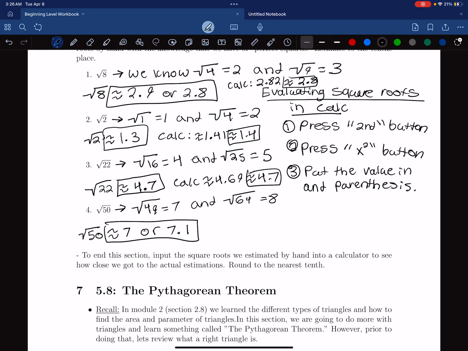And then looking at our last example, the square root of 50, in the calculator, let's press second, x squared, 50, close parenthesis, you get approximately 7.07. And then rounding 7.07 to the nearest tenths place, 7.1.